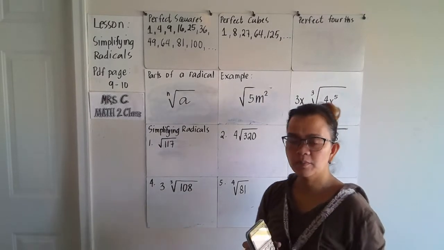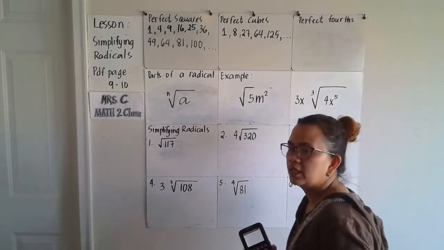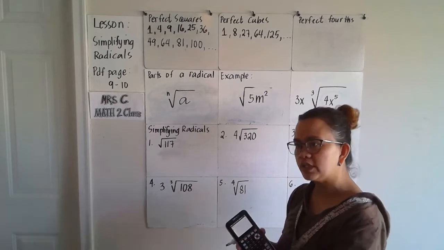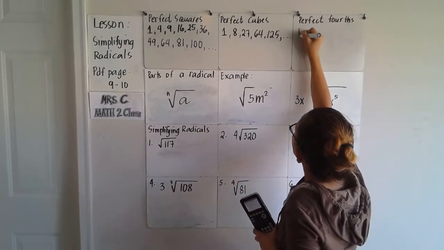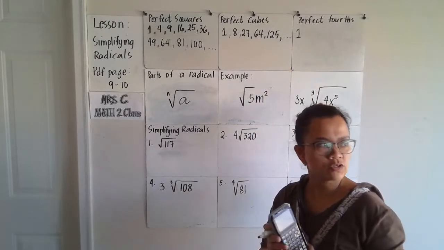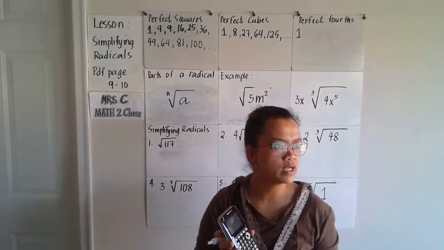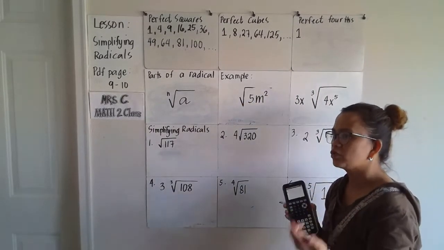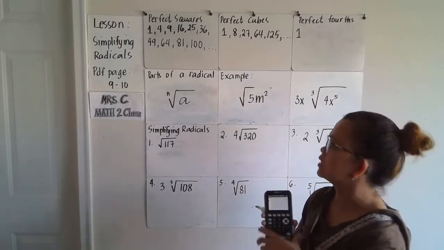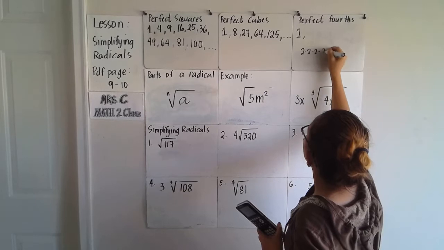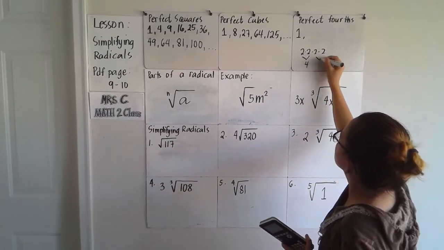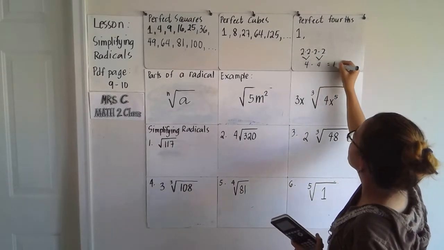How will I know the perfect fourth root? Let's start with 1. Is 1 times 1 times 1 times 1 still 1? The answer is yes. So 1 is a perfect fourth root also, because the fourth root of 1 is 1. Next to that would be 2. So we're going to multiply 2 four times. 2 times 2 is 4, 4 times 4 is 16.